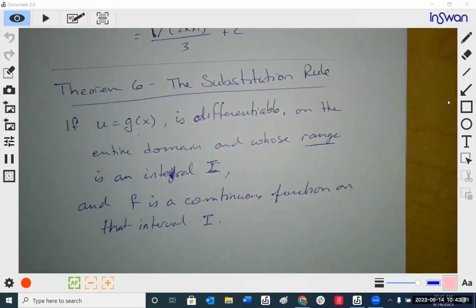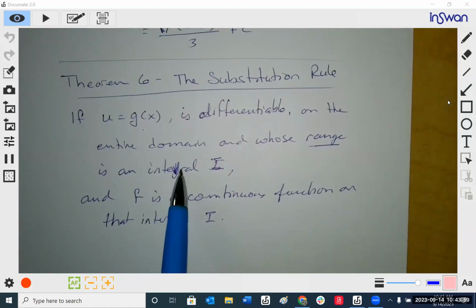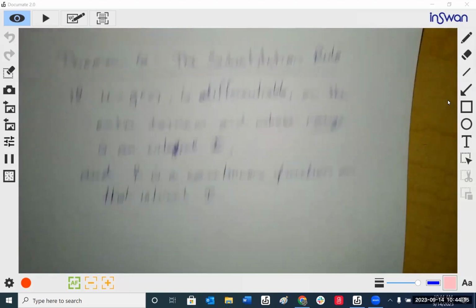That means we're looking for the output of it. So we want the domain of f to be the range of g, because it has to be one function inside of the other. So f is a continuous function on that interval I.